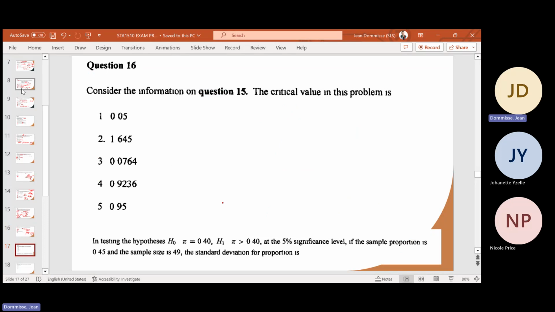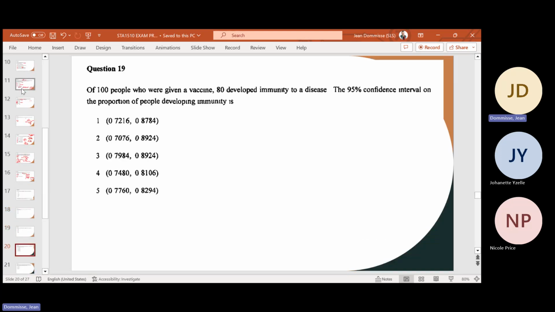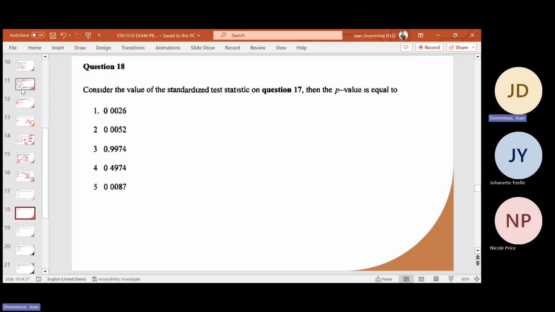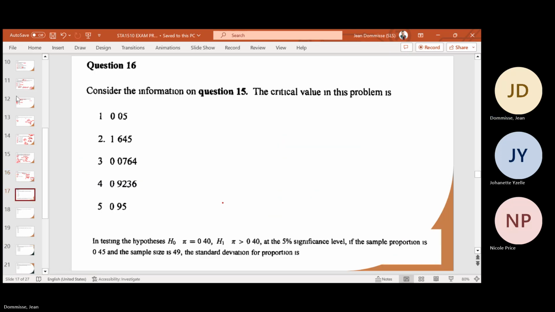Tonight we will cover some of your hypothesis, confidence intervals, chi-square, and your regression questions. And then after that we can talk about the exam.